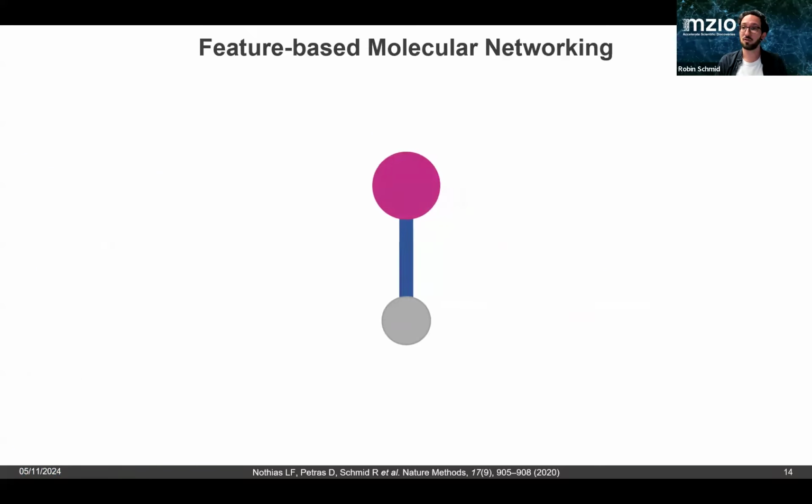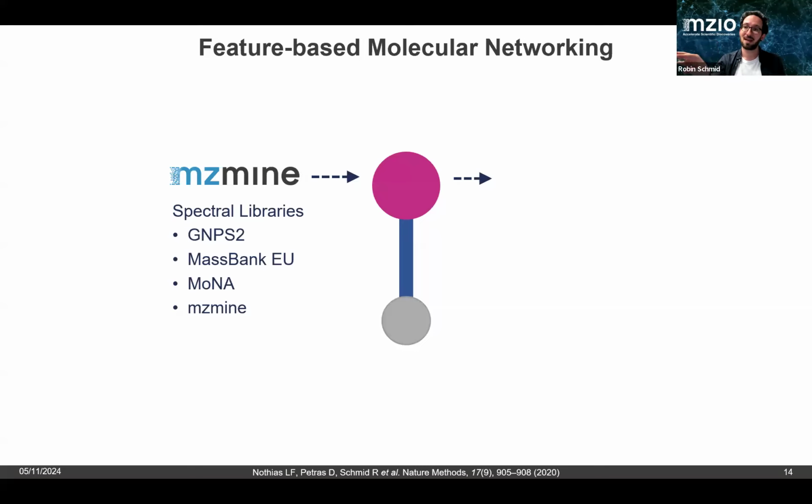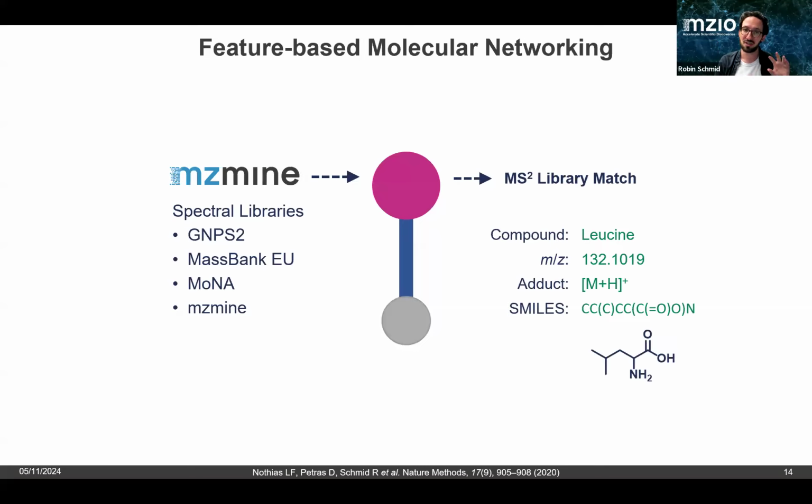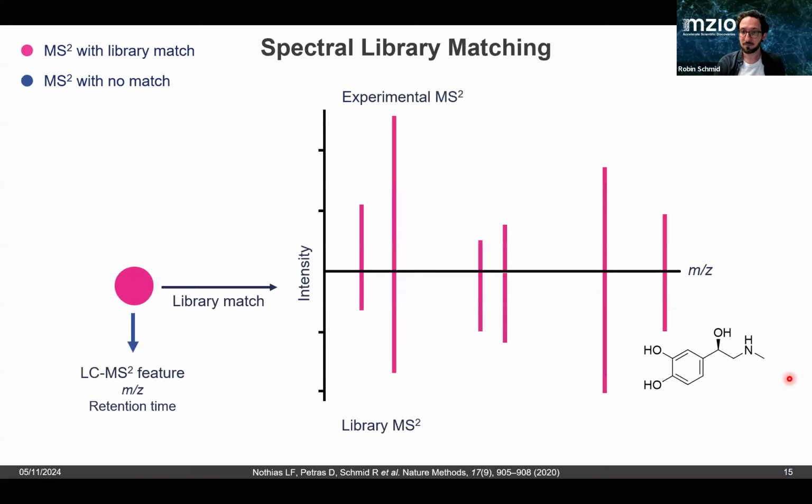Now, very often you're also going to see that some metadata, some matches, some annotations are also put into the networks. We could, for example, use different spectral libraries, either from GNPS, from MassBank of North America, or mzmine, and then do compound annotation, get those matches, and show them in the network.